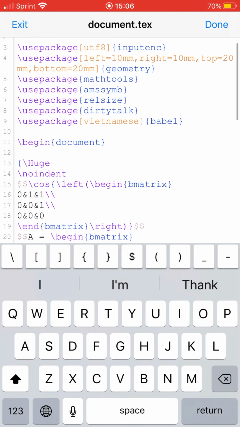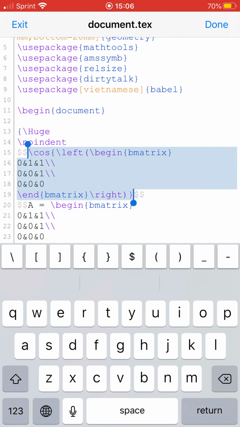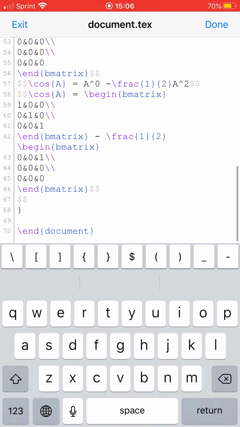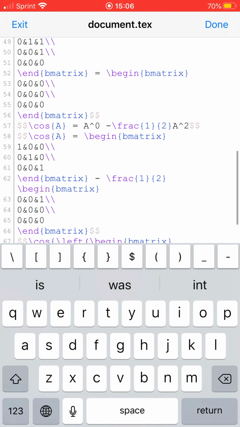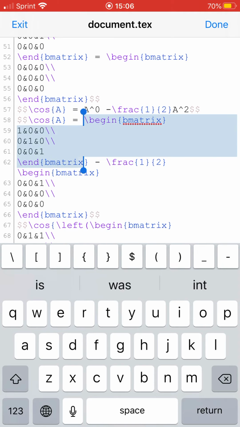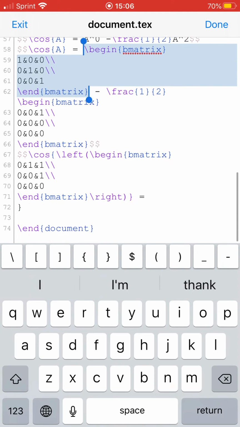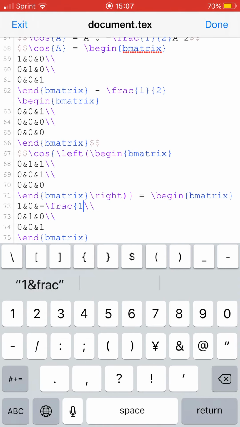I'm going to copy the original problem. The cosine of A is equal to, so I'm going to copy and paste this matrix, and then I'm going to edit it a little bit. So cosine of A is equal to, this right here is negative 1/2, because 0 minus 1/2.